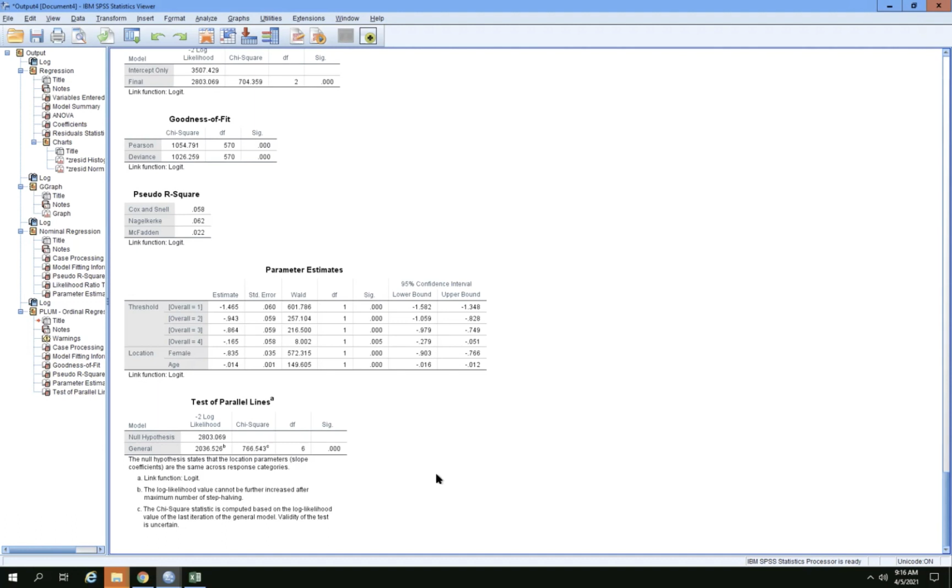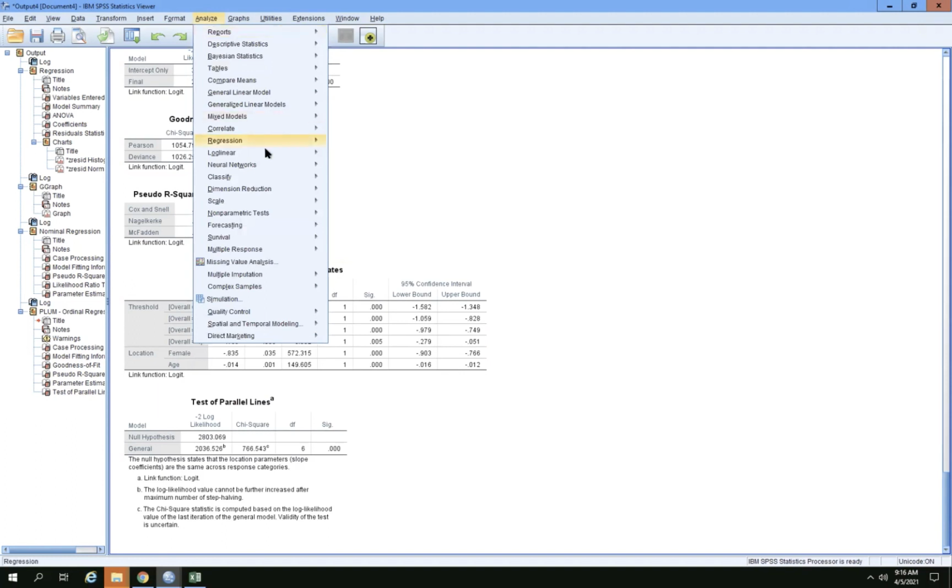Same thing when comparing males versus females. Now, from a big picture perspective, we do find, as mentioned previously, females tend to be less in favor of roundabouts than males, and we also find that older respondents tend to be less in favor of roundabouts as compared to younger respondents, okay?